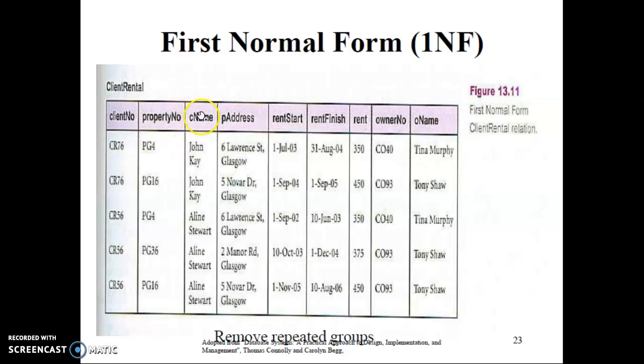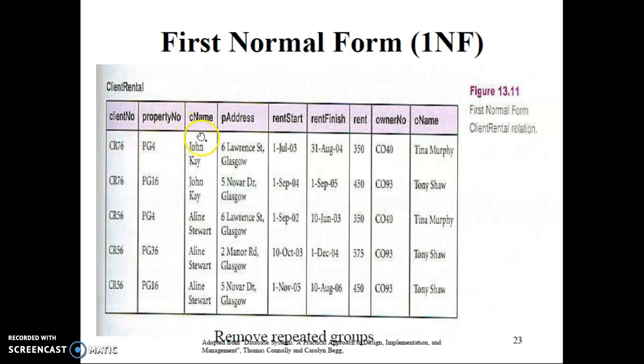And if we identify the functional dependencies for this table, one functional dependency is that the CNAME attribute, that means the client name attribute, is partially dependent on the primary key. In other words, on only the client number. That means to know the client name, only client number is enough. No need to depend on property number.